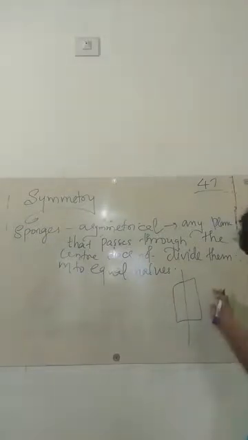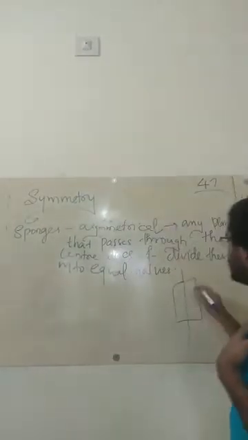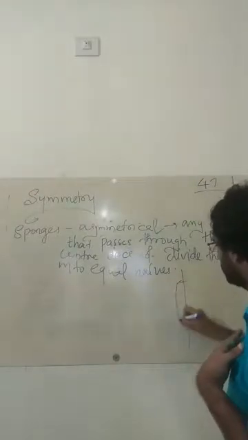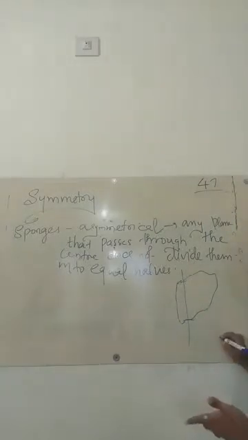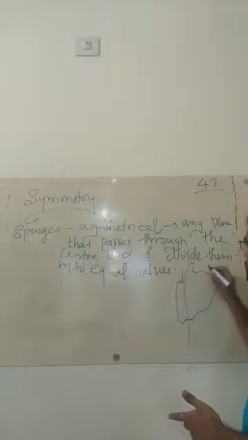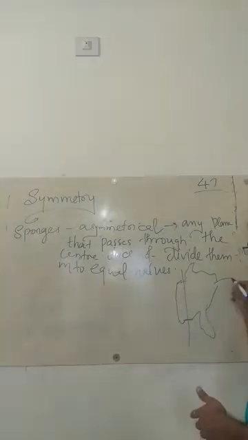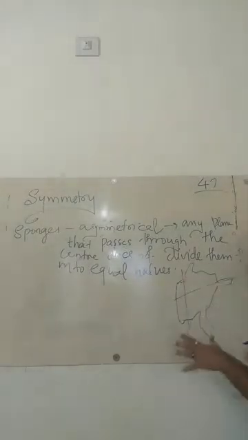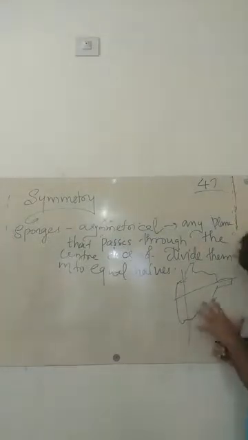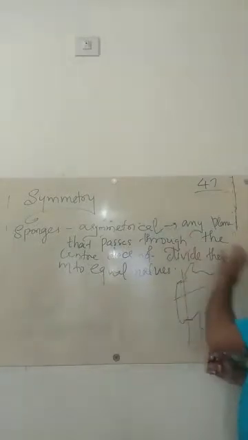But in the case of sponges, if an organism is like this, we cannot say it is symmetrical, because whichever plane it goes through, it can't make two equal halves, so it is known as asymmetrical.